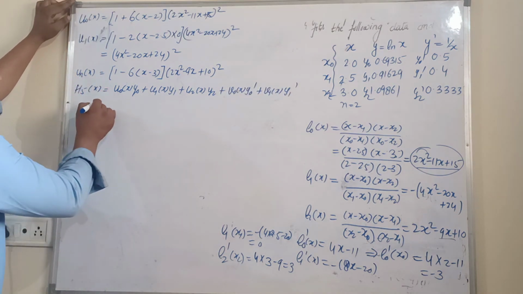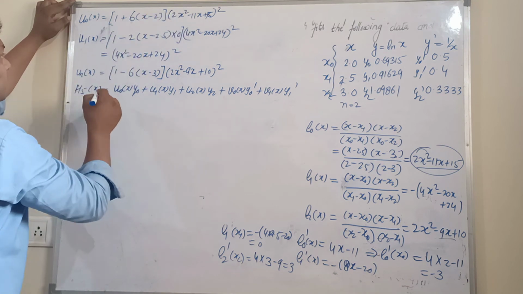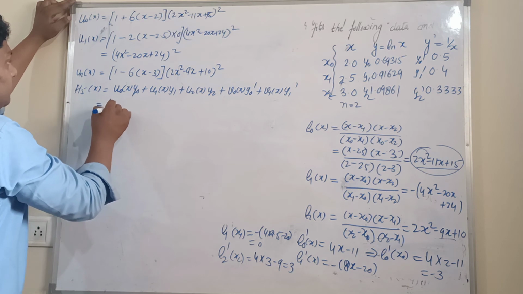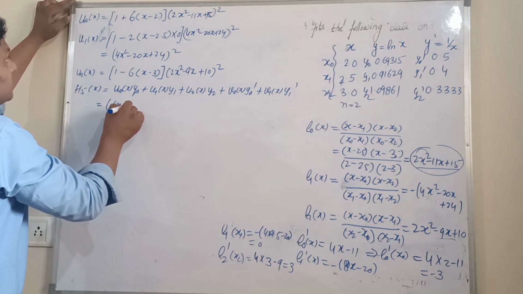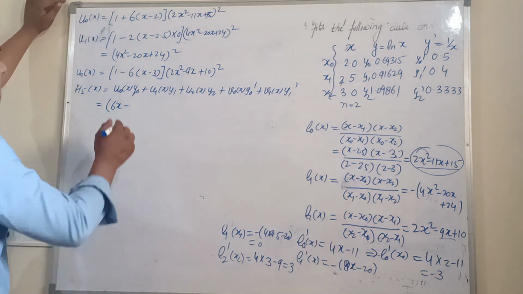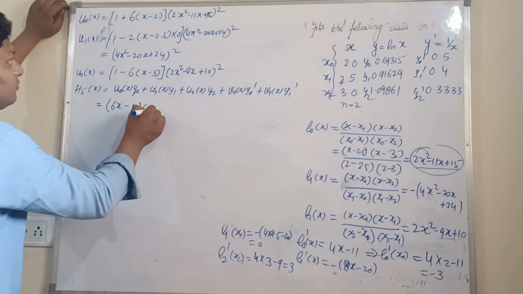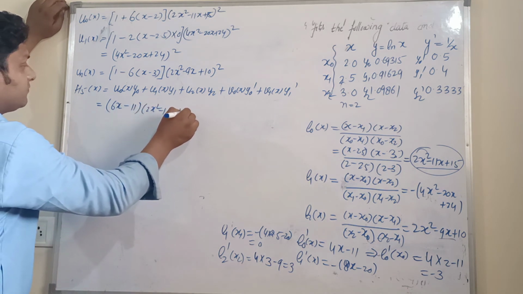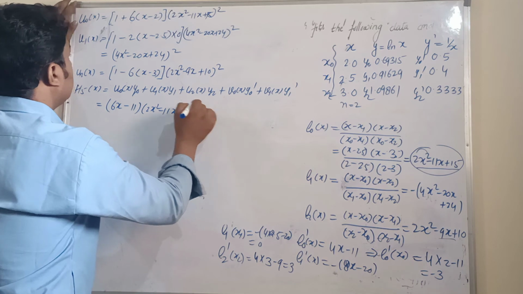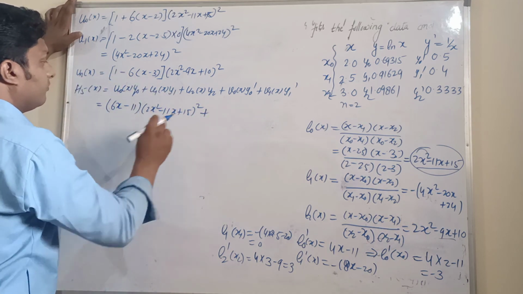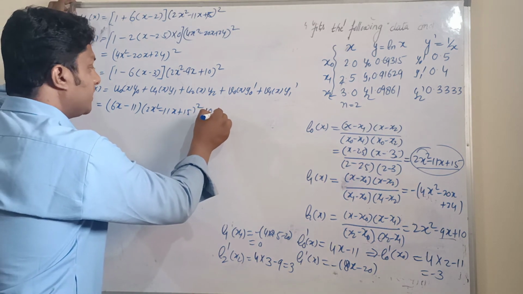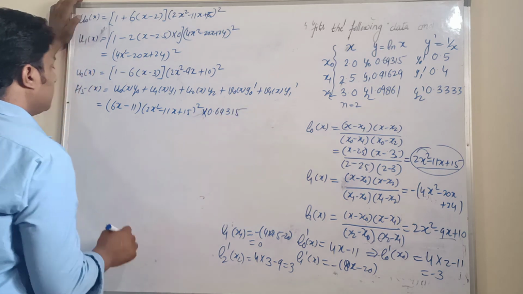Now, what about the value of u0(x)? We have the value of u0(x) right here. On simplification we can write it as (6x − 11)(2x² − 11x + 15) squared. Then plus, we have to write the value of y0 also, which is 0.69315.